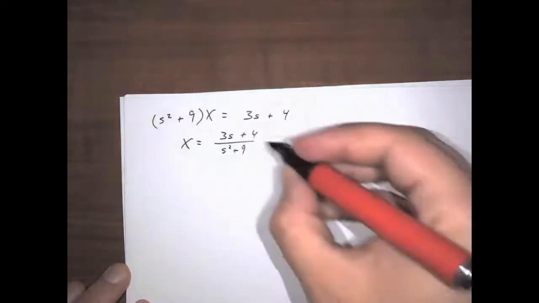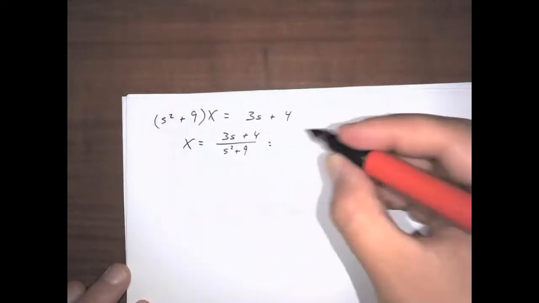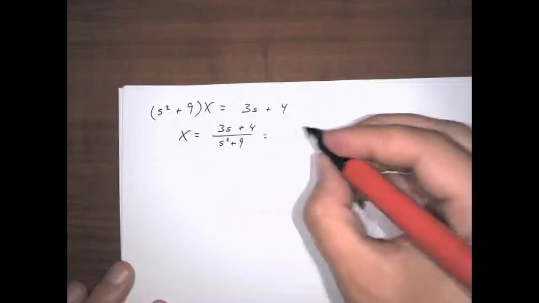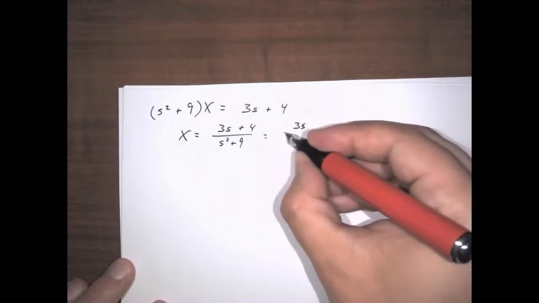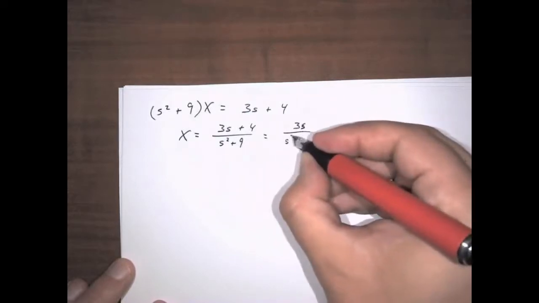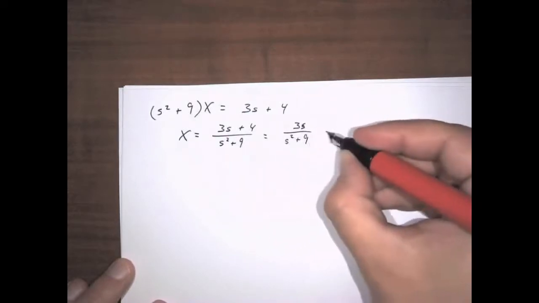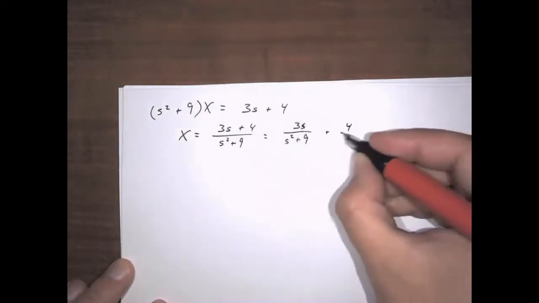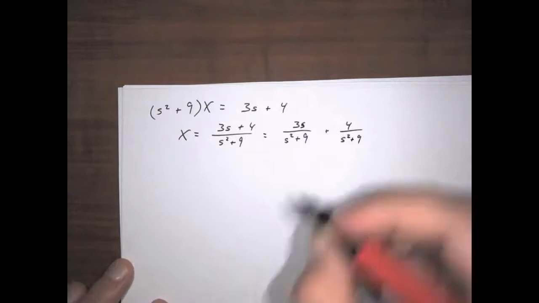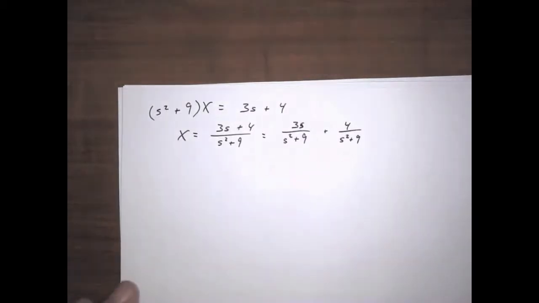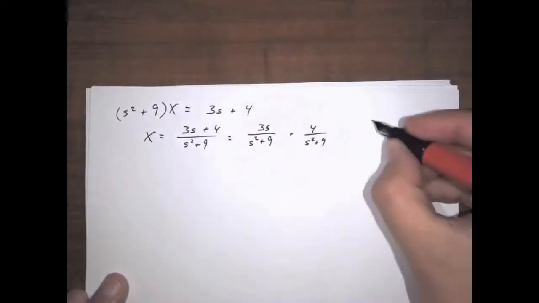But if we think about our table of Laplace transforms that we worked out in the last section, this is going to be better thought of as split up: 3s over s squared plus 9 plus 4 over s squared plus 9. Now here, this actually matches the formula for cosine.